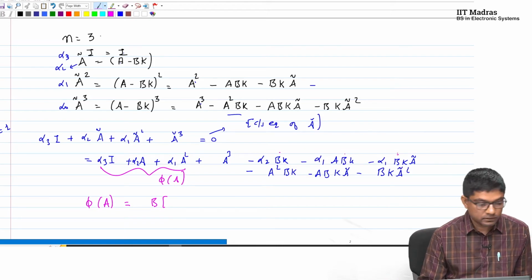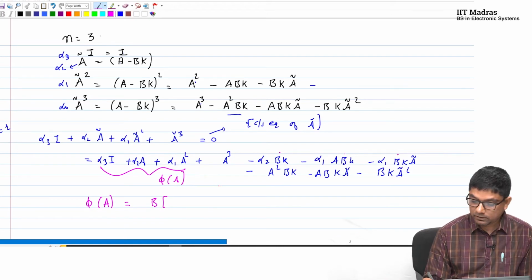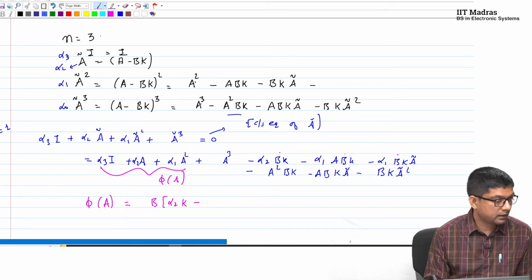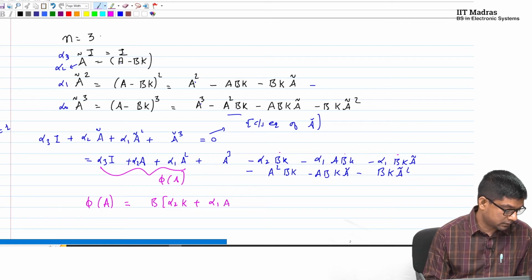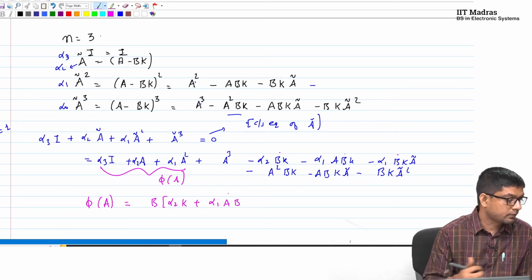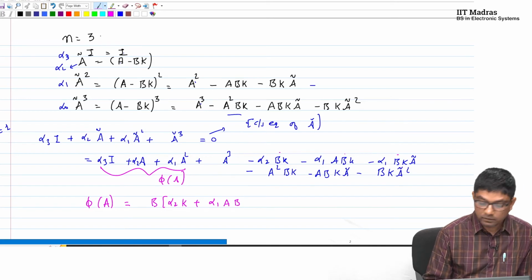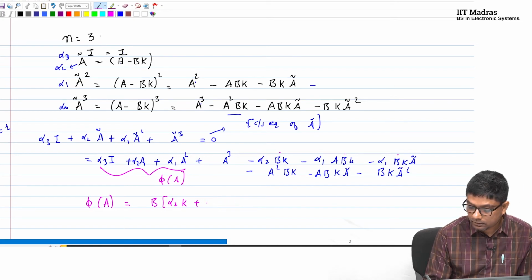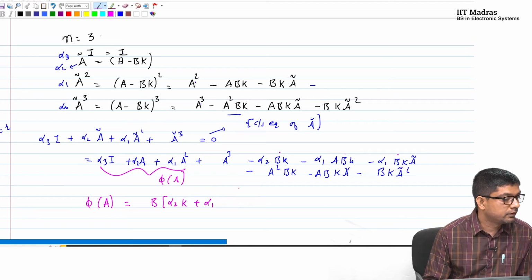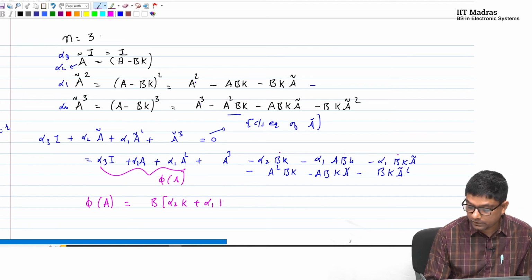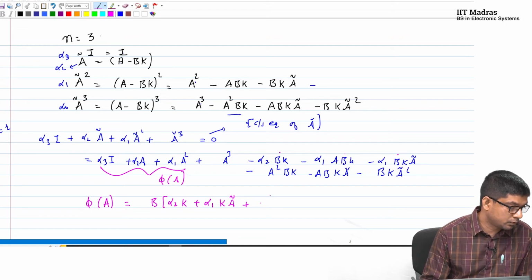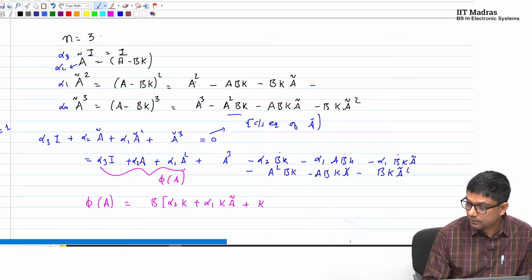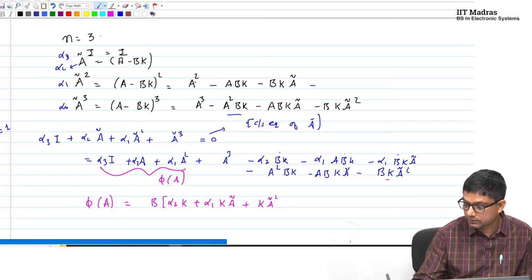So, this will be alpha 2 k plus alpha 1 k a tilde, and then I will have one term corresponding to k a tilde square, that is this one.